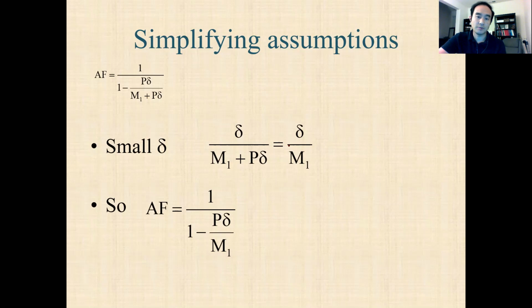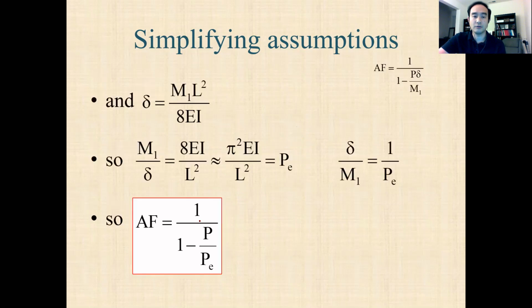This is based on P delta being small enough so that we can approximate this delta over M1 plus P delta as delta over M1, then we can simplify it as this. So this is the amplification factor used in the AISC manual.